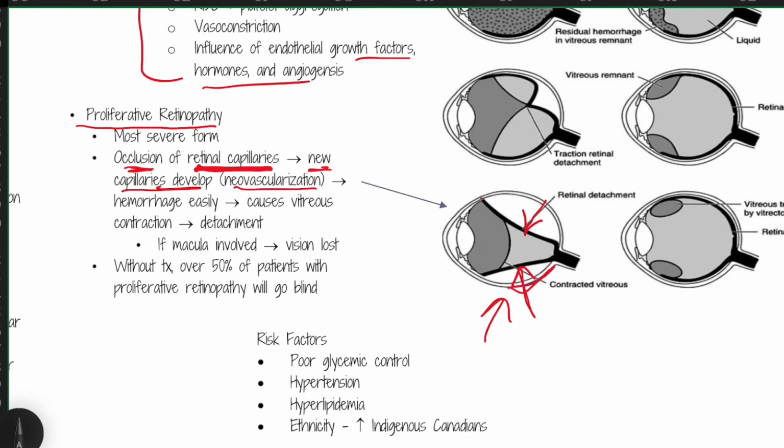As it contracts, eventually it can cause a full detachment from the optic nerve. That's a major problem. If this happens, you lose that macula, remember that back point, and you've lost your vision. Without treatment, over 50% of patients with proliferative retinopathy will go blind.